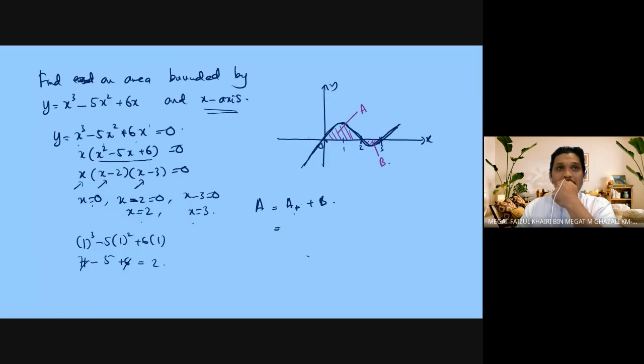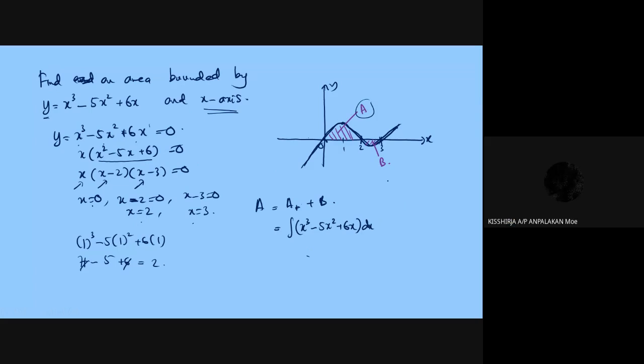Okay, area of A is the integral of the function y equal to x cubed minus 5x squared plus 6x with respect to x, and the limit is 0 to 2.